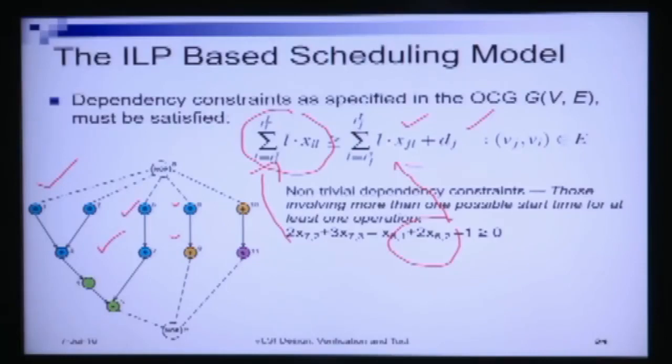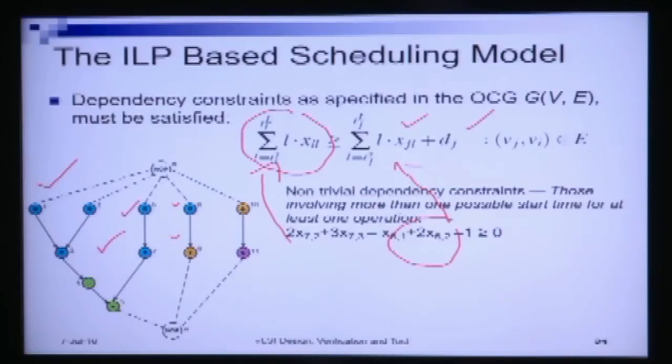So, it says that the 6th operation can either start in the 1st time step or in the 2nd time step. And how do we denote its time? It can be either 1 into x61 or 2 into x62. So, the start time is denoted by this expression.